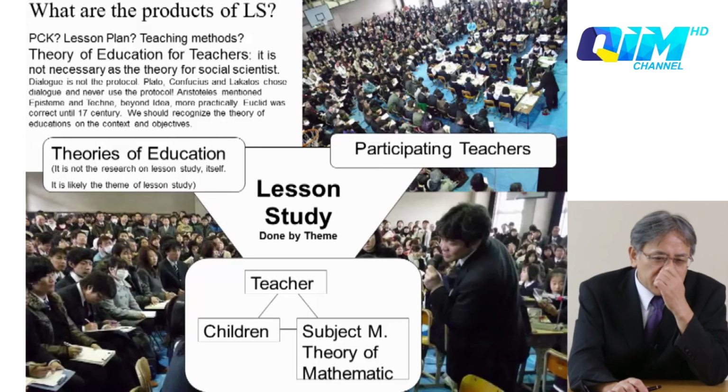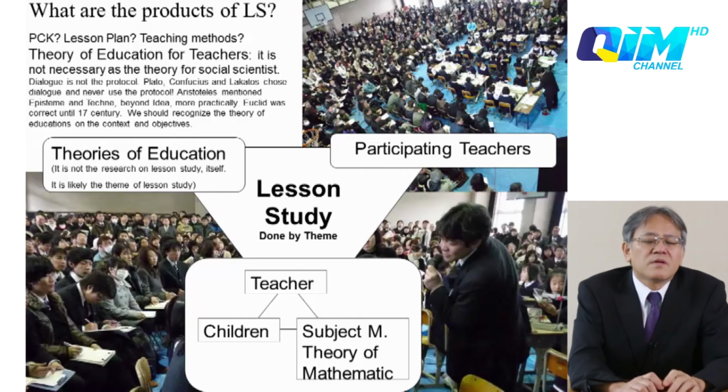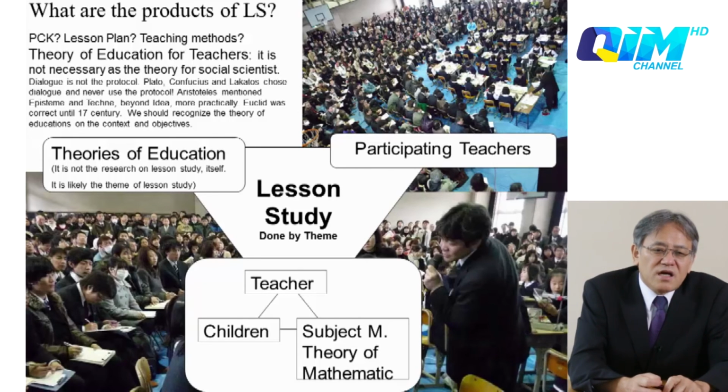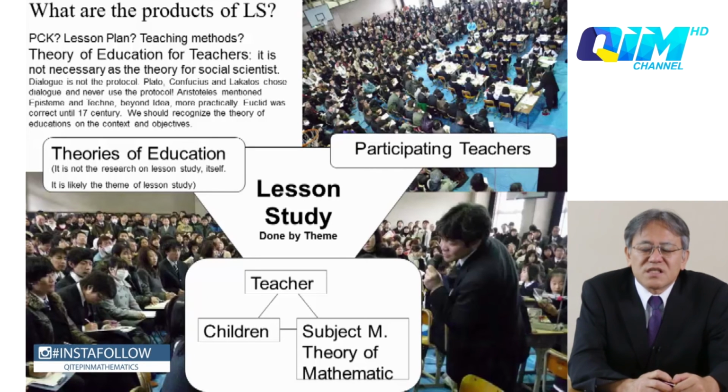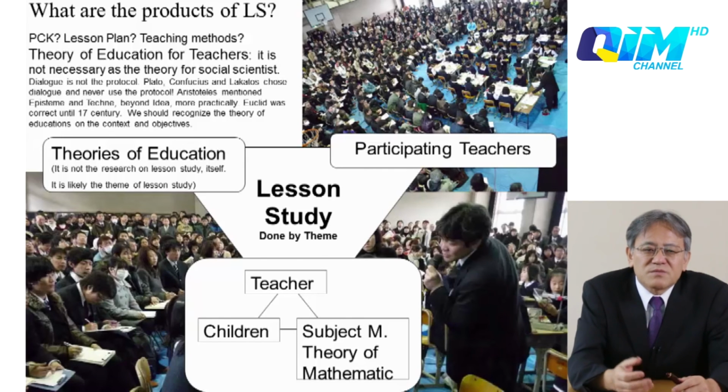How is it different when we compare lesson study activity with the activity of researchers? For example, I'm a social scientist. Mathematics educators are usually a kind of scientist in the context of social science.